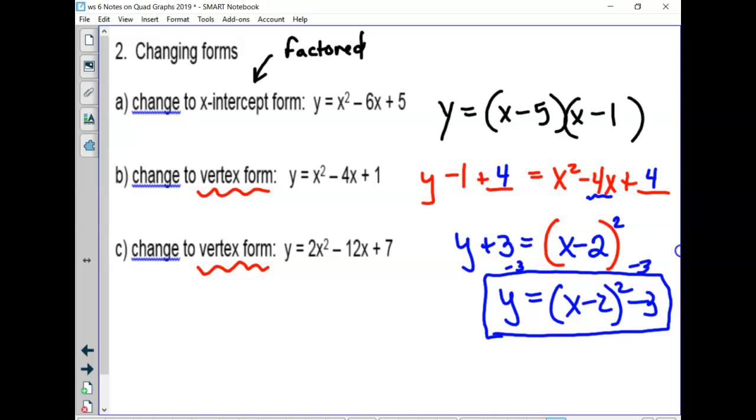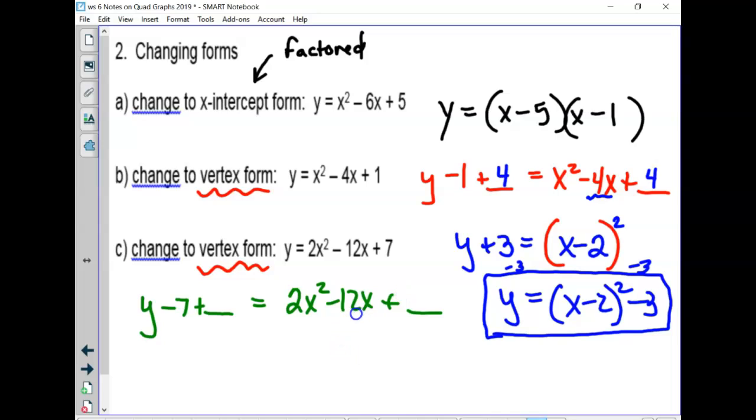Okay. Why is this one not going to be our friend? If we go to complete the square, we're going to have y minus 7 plus blank equals 2x squared minus 12x plus blank. What's wrong?